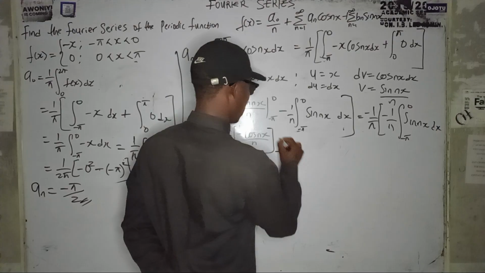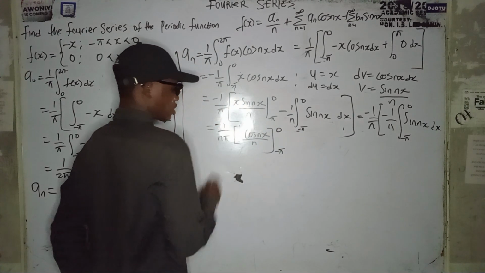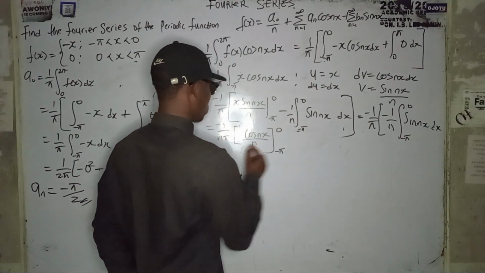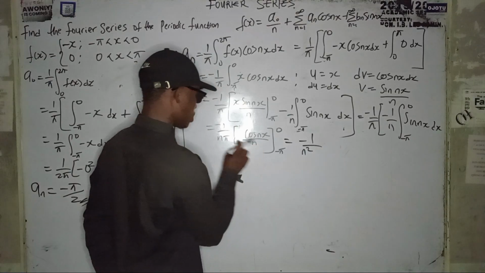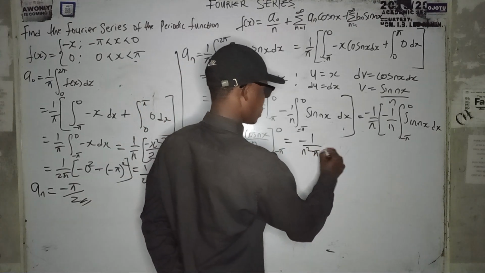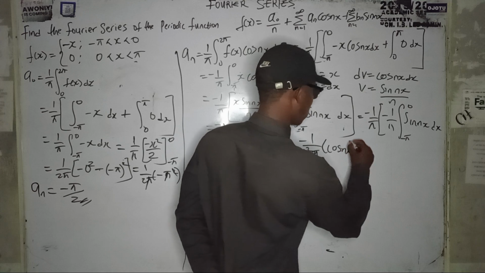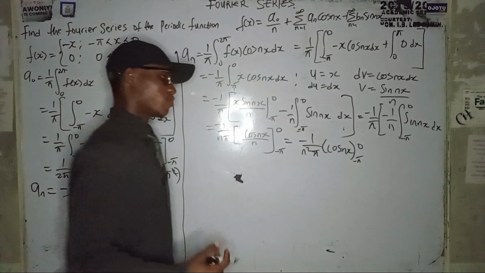So from minus pi to 0, this minus can come out here, and therefore let's simplify. We have minus 1 over n squared pi, with our cos nx from minus pi to 0.